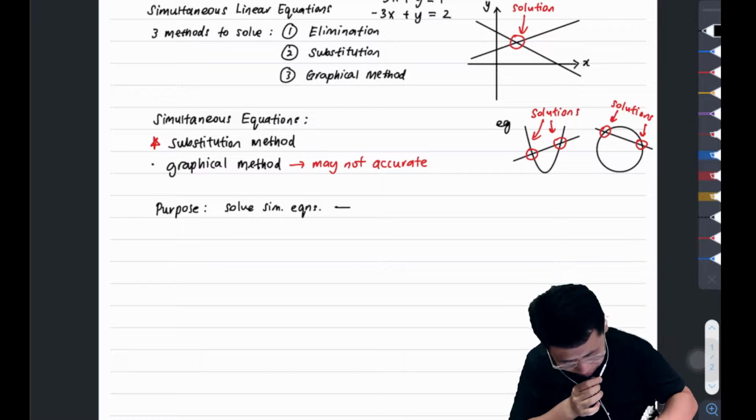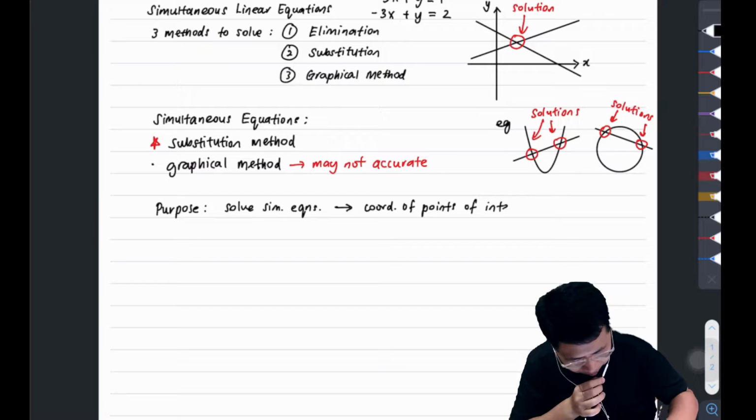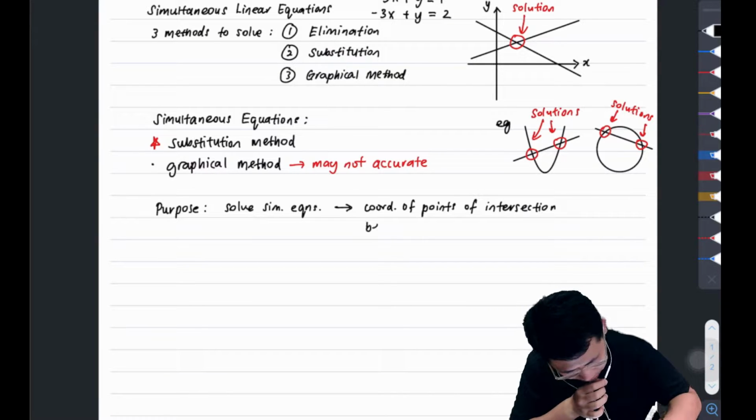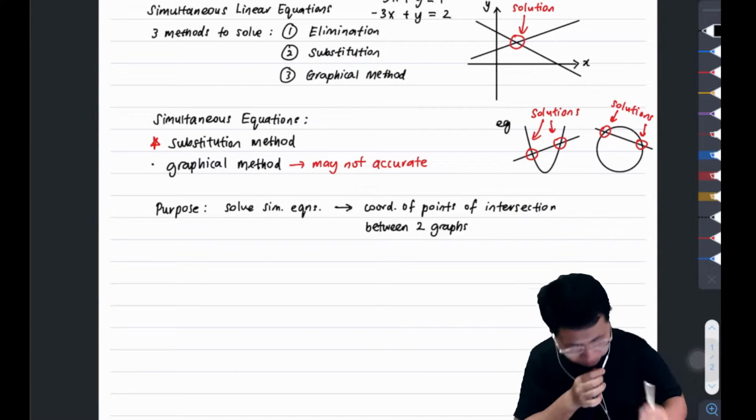What we get in the end are the coordinates of our points of intersection between two graphs. Let me put the between two graphs below.